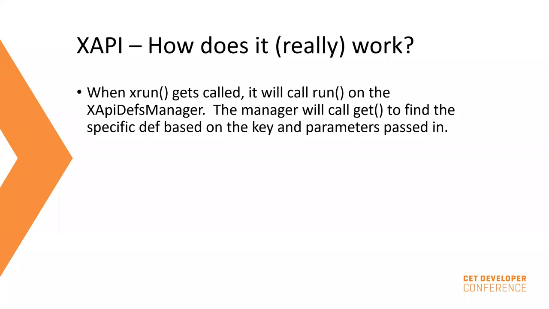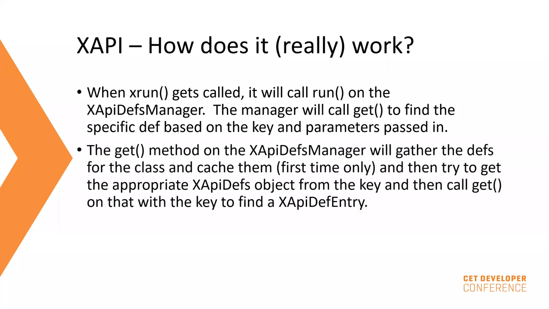In order to find the def, it first will gather and cache all the XAPI defs for the class on the first xrun call, and it will then try to get the correct XAPI defs object based on the key passed in. It will then call get on the XAPI defs object and return a XAPI def entry object.